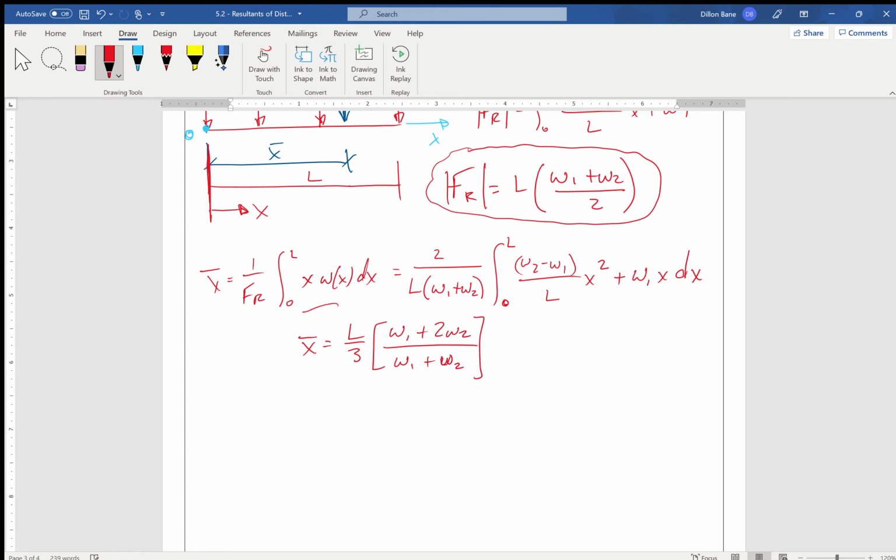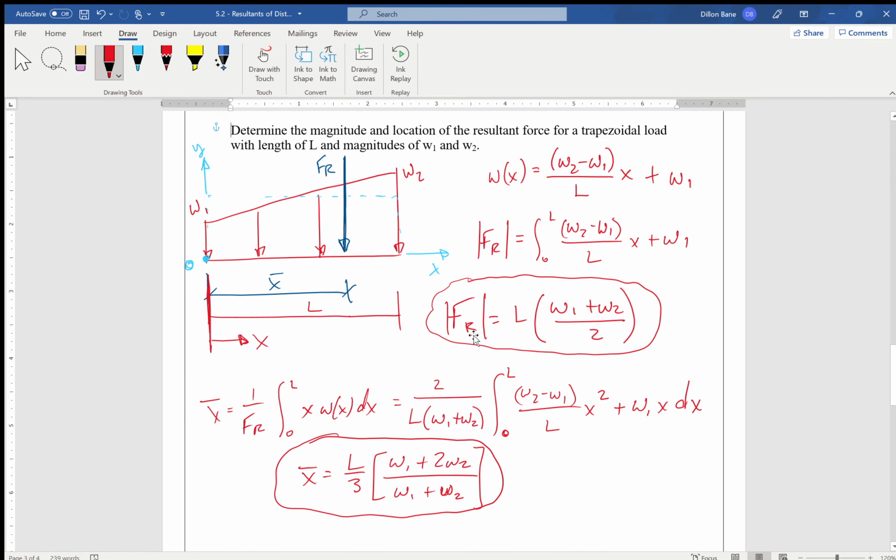Okay? So that's what x bar comes out to be, and that is the location of the resultant force.